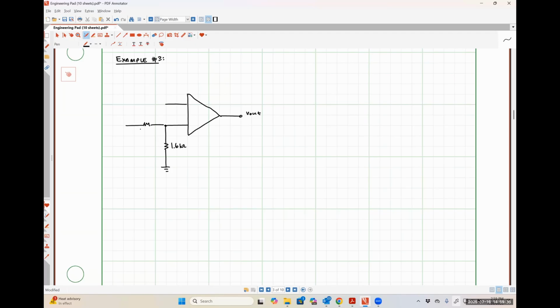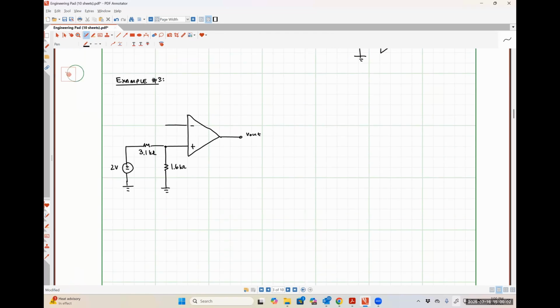Let's put a 3.1 kilo ohm resistor here. And let's make this extra difficult and put a voltage source here. Let's just make this a 2-volt source again. This is the non-inverting input side.